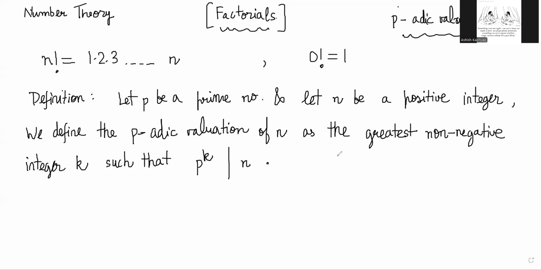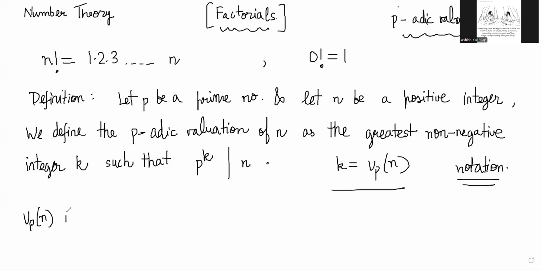And we will write k is equal to v_p(n). This is just notation. So what this means is that v_p(n) is the exponent of p in the prime factorization of n.